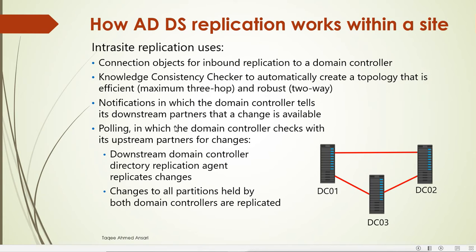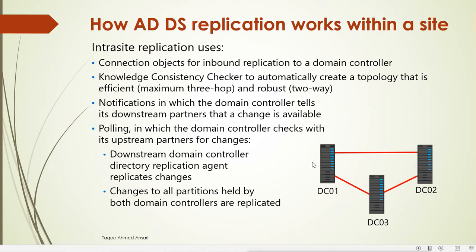Then notification, in which the domain controller tells its downstream partners that a change is available. Then pulling, in which the domain controller checks with its upstream partners for changes. So it will pull. As I said, it is a pull replication.